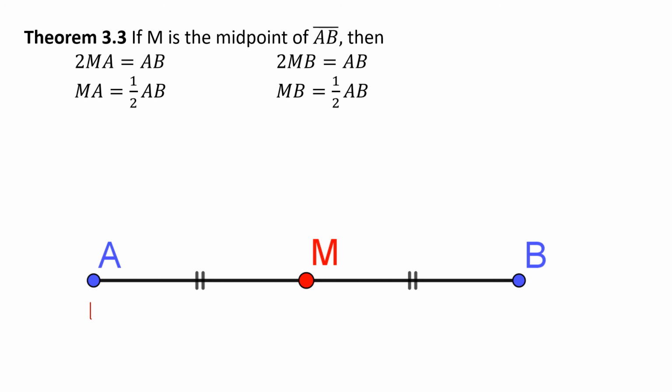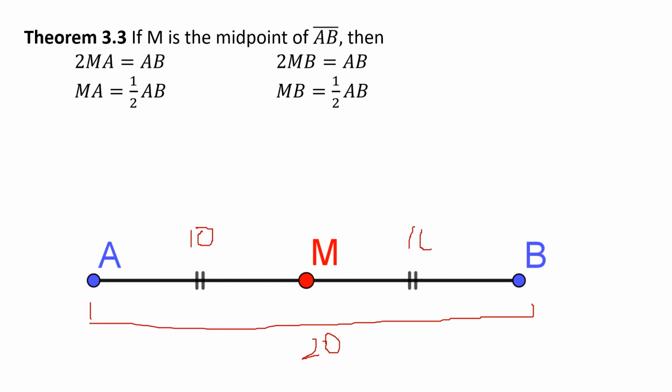Okay, so what if the length of segment AB is 20 units? Okay, so what is the measure of AM? So AM is 10 units, and BM is also 10 units.